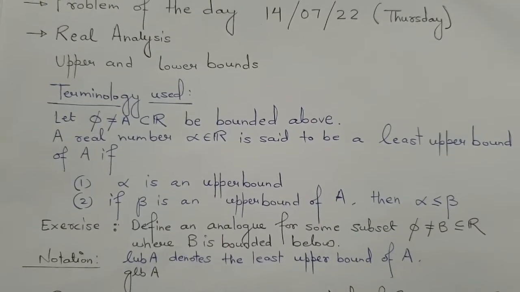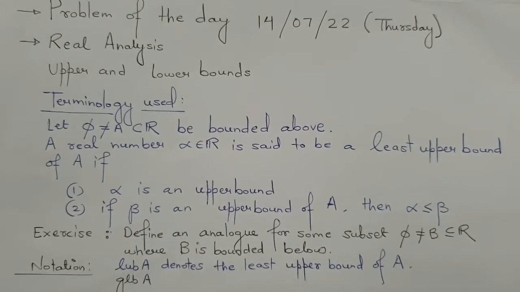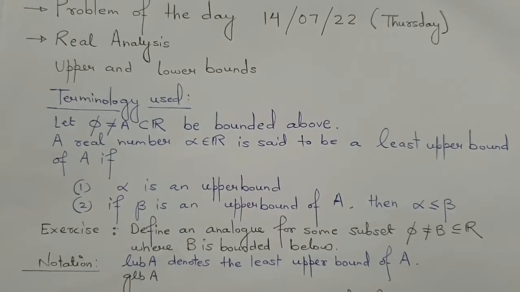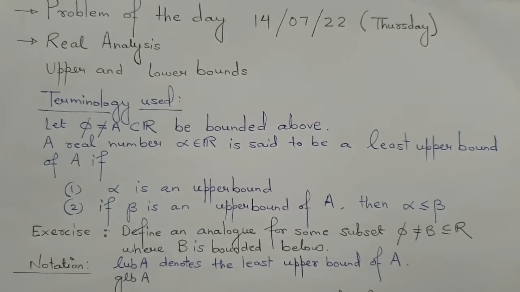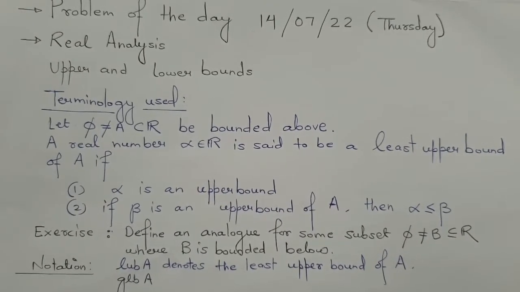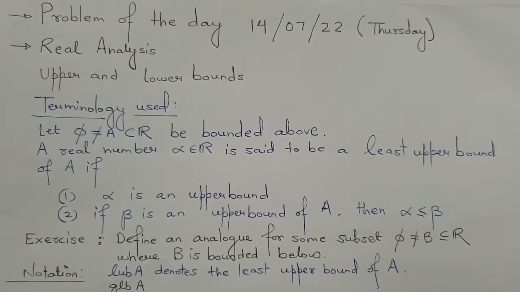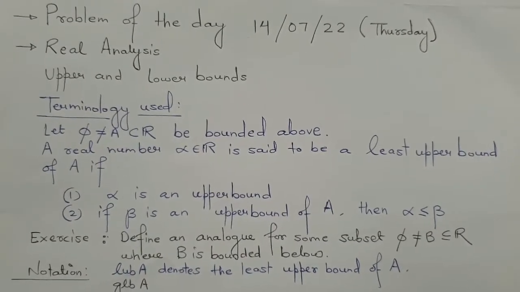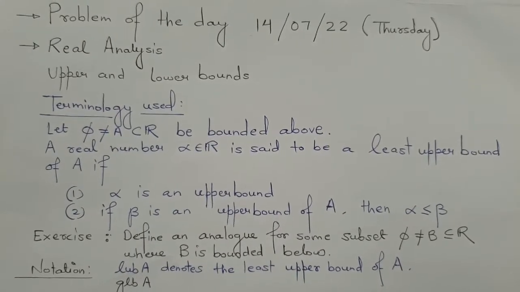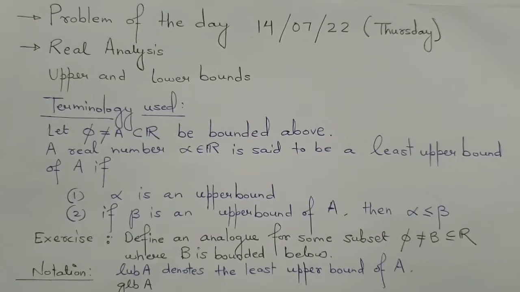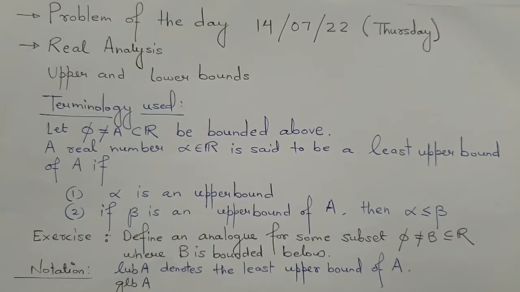LUB of A denotes the least upper bound of A, which I have already explained to you, and GLB of A denotes the greatest lower bound of A. You can take some particular choice of A in order to better understand this. You can assume A to be the open interval 0 to 1, which is a subset of the real line. So try to verify over it, find alpha and beta.